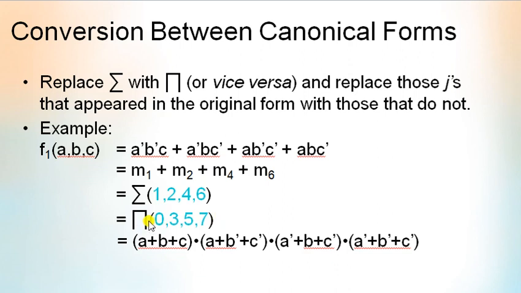We will convert this POS in terms of variables: a plus b plus c, that is capital M0, dot a plus b dash plus c dash, that means capital M3, dot a dash plus b plus c dash, that means capital M5, dot a dash plus b dash plus c dash, that means capital M7. So we can convert this product of sums, that means POS, into the sum of products terms.